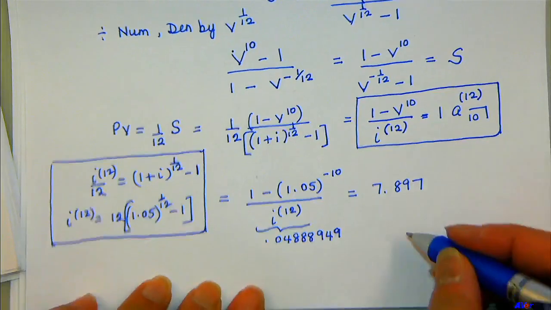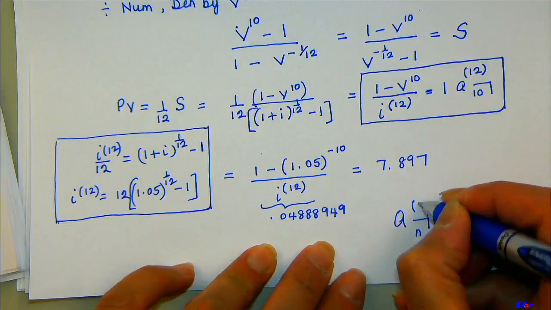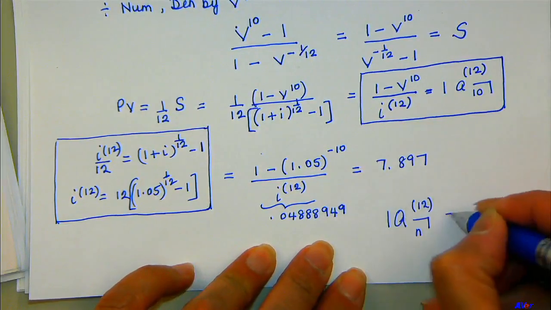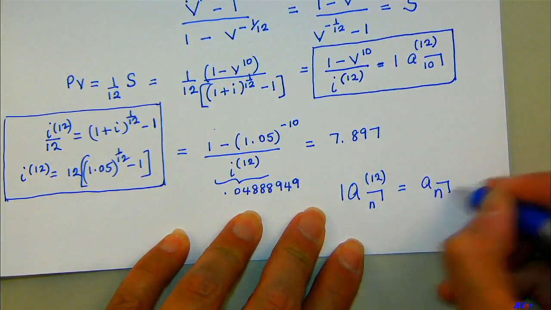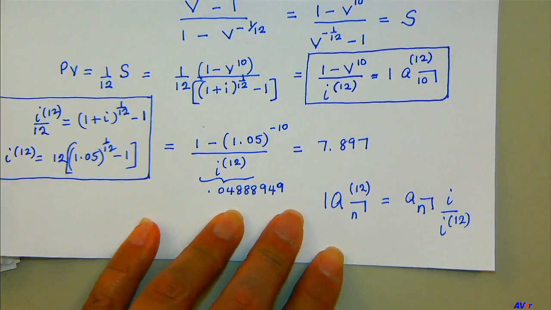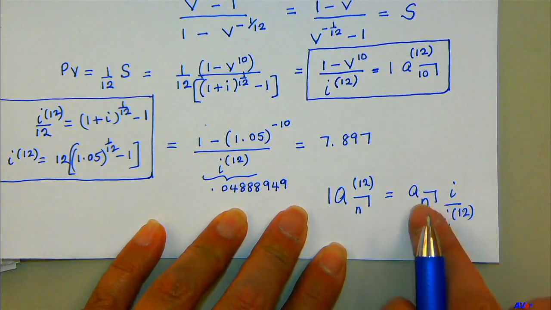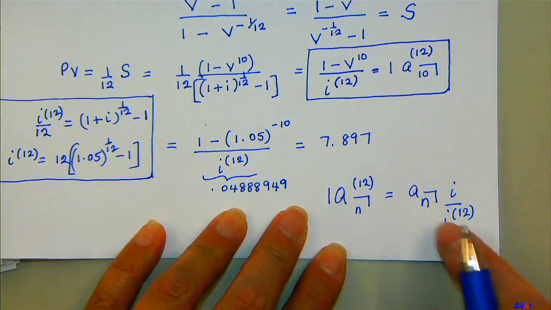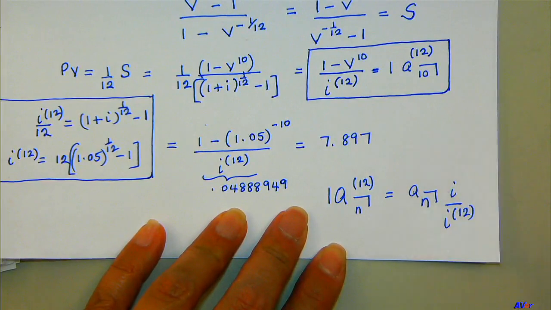So basically, A angle N upper (12), 1 is equal to A angle N times I over I-12. Does that make sense? Because this guy has a denominator of I, and if those I's cancel, then you will be left with the I-12 in the denominator. That's all. So you can do a regular A angle N, and then in the end, just multiply by I over I-12.